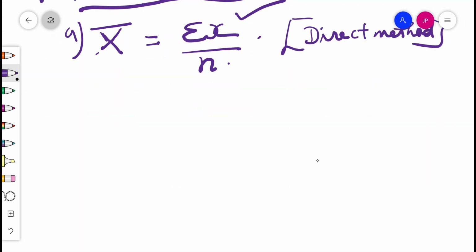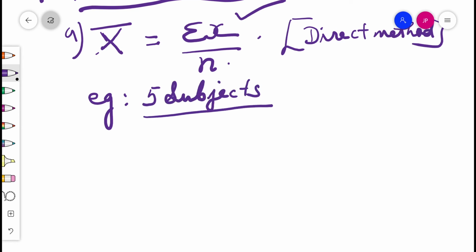For example, a standard 10 or standard 11 student has 5 subjects. The marks obtained by the student are 10, 20, 30, 40, 50. So what is the average?